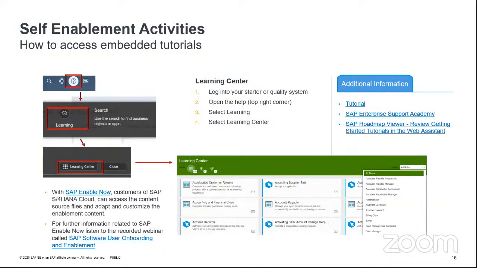And just an add-on to it, we have one more offering from SAP, which is SAP Enable Now. It's a license-based tool; we have to separately buy a license for it.